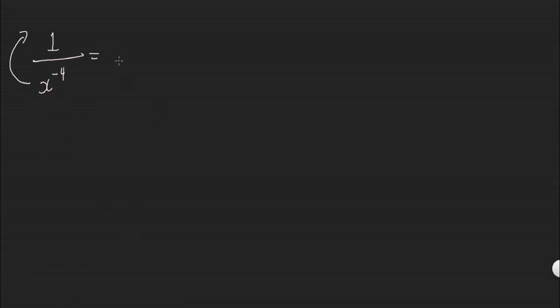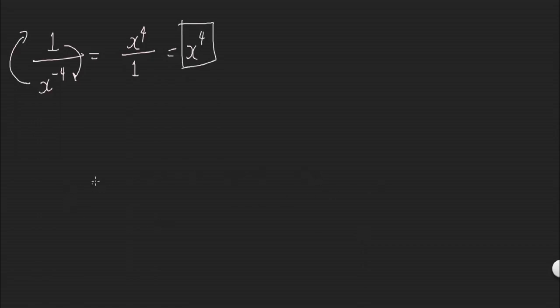So, magiging x raised to 4, kagaya ng sinabi ko, yung negative na exponent, kapag tinaas natin yan, magiging positive, over 1. Pinagpaliktad lang natin. Okay? Or we can write the solution as x raised to 4th power. Okay? So that is the sixth example.